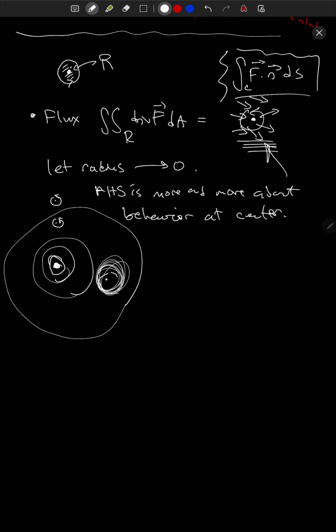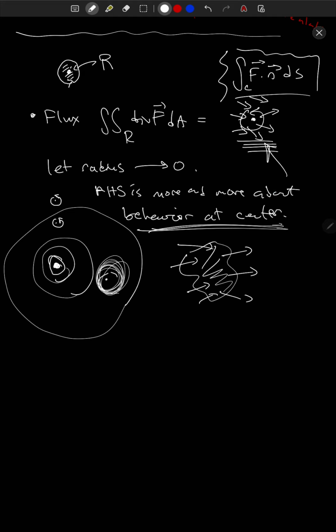Normally this flux integral is overall behavior: how much stuff overall is moving across this maybe big region. But as my region gets smaller and smaller, it's more and more just about what's happening at the center. Of course, you actually have to do some serious math, some limits, to conclude this carefully, but this is the general idea.